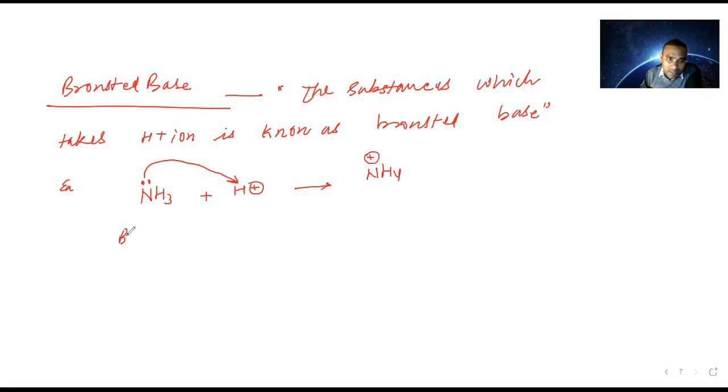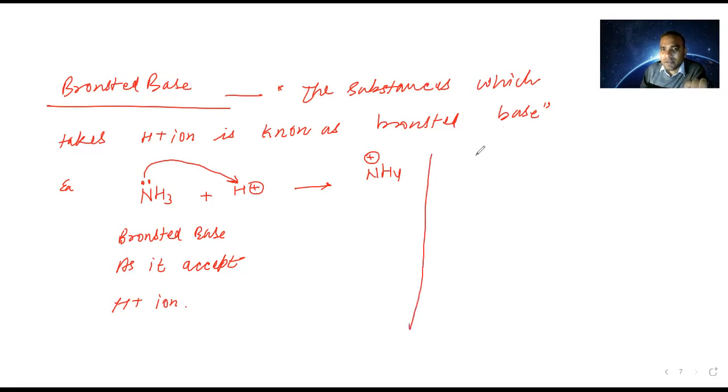So it is a Bronsted base, as it accepts H plus ion. Giving H plus ion is what is known as a Bronsted acid. Taking H plus ion is a Bronsted base.